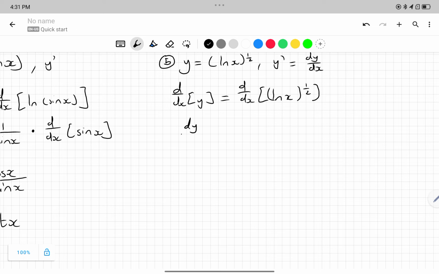So dy over dx should be equal to, again, I want to repeat it because I think some people get offended by this. I'm going to derive the outside function first, and then derive the inside function. I'm going to make it a long process.